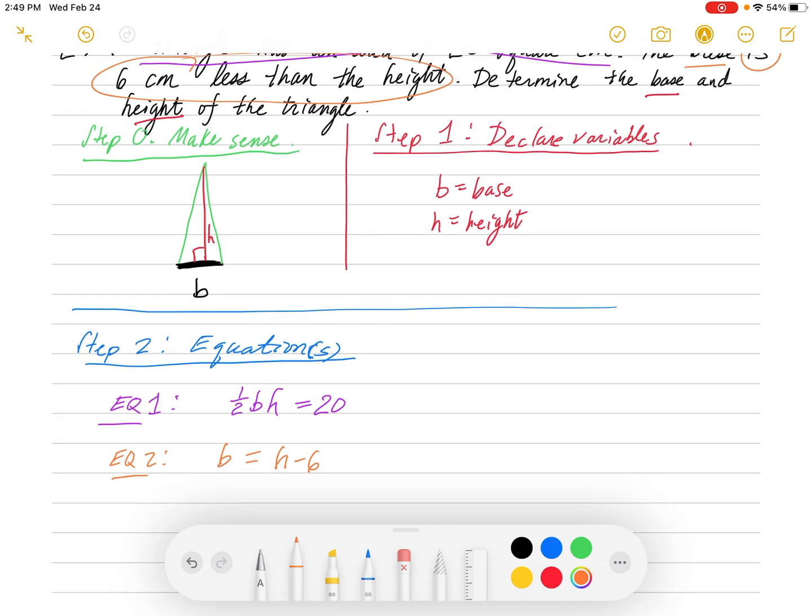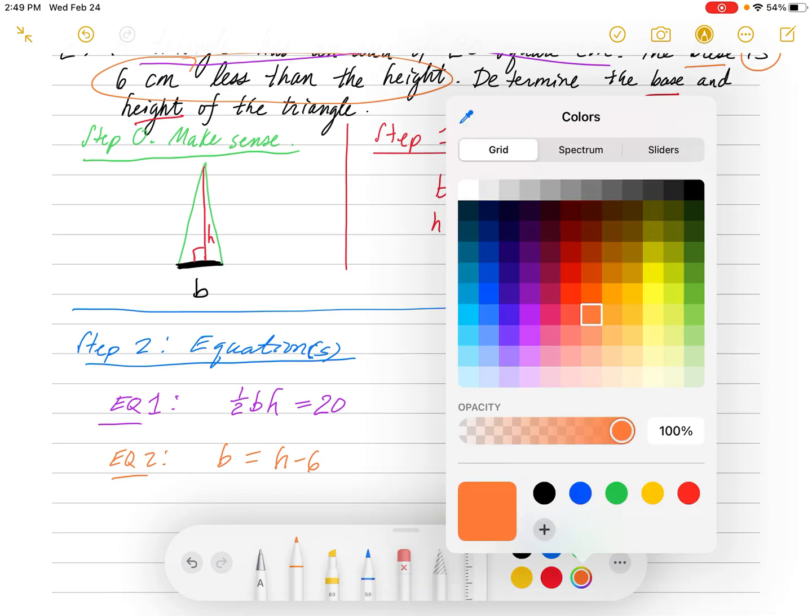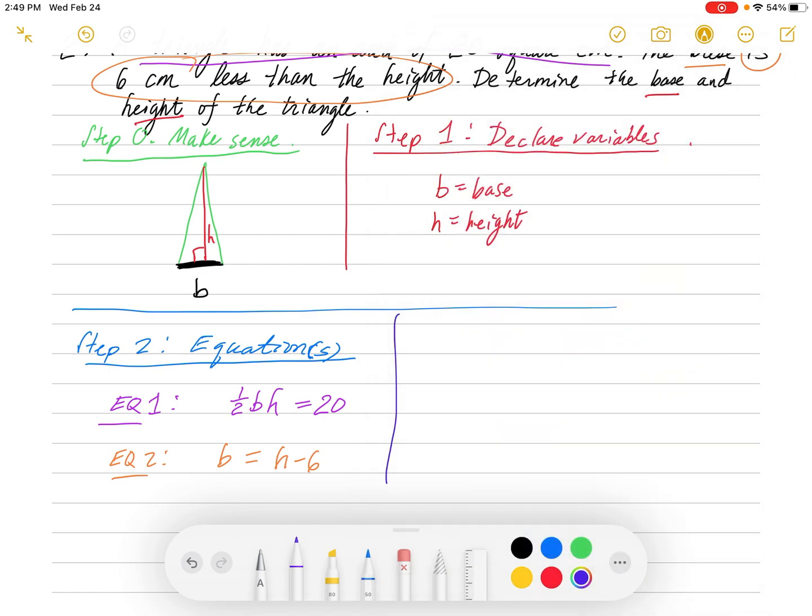So I have these two equations. Now I'd like to solve them. I'd like to solve this situation. Step 3. So like last time, notice I have two variables, b and h. And I want to get this all in terms of a single variable.